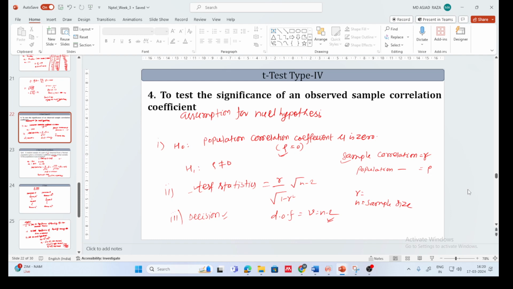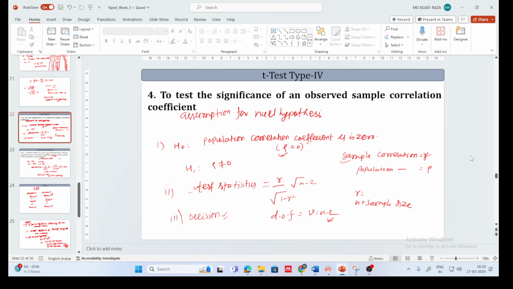Correlation. Just say our correlation coefficient will always be between 0 and 1. Degree of freedom can be anything; that depends upon the number of samples.